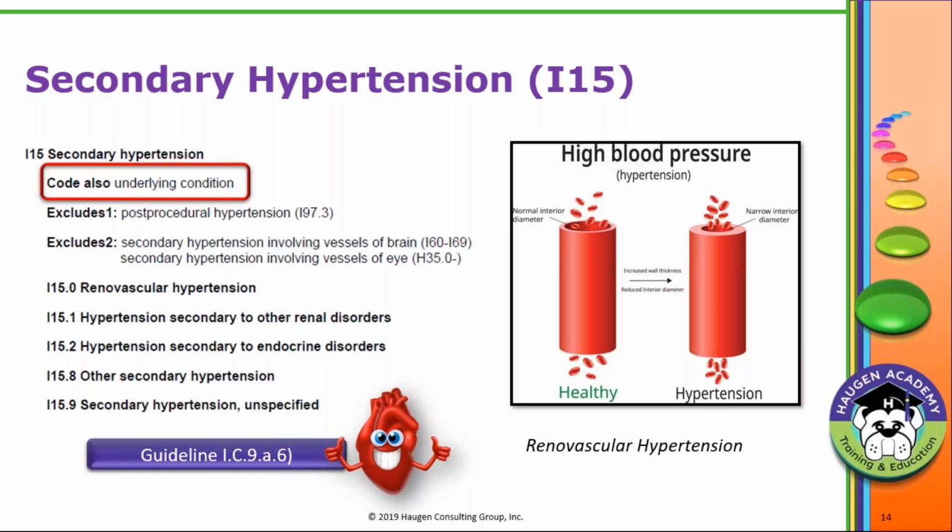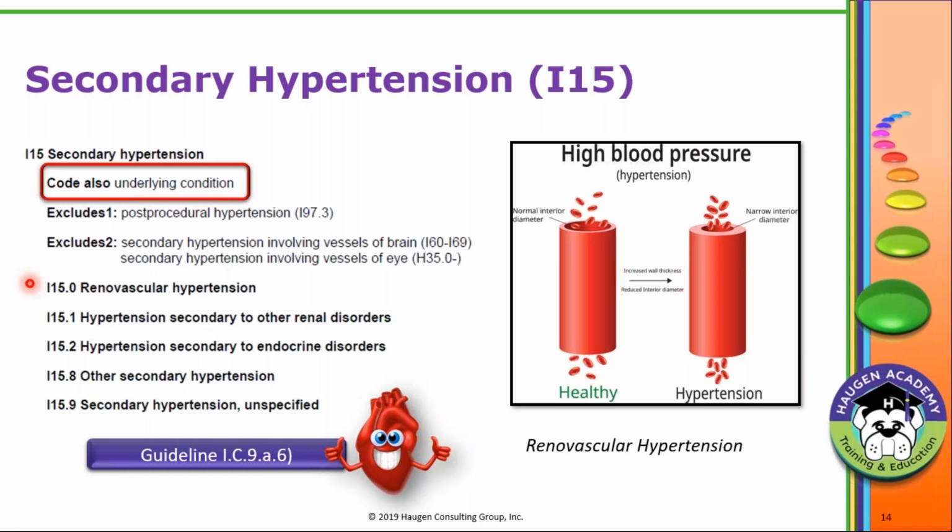Secondary hypertension, category I15, I think is a category of codes that is frequently overlooked, and specifically this code for renovascular hypertension. I really had to dig on this one and do some research because I've not coded a million cases of renovascular hypertension.